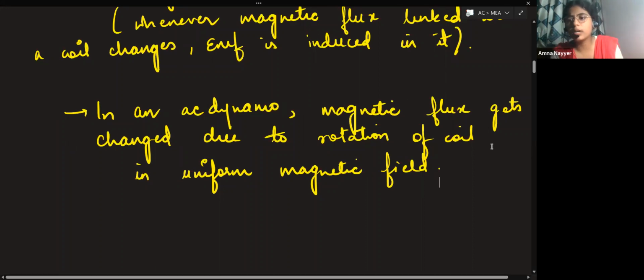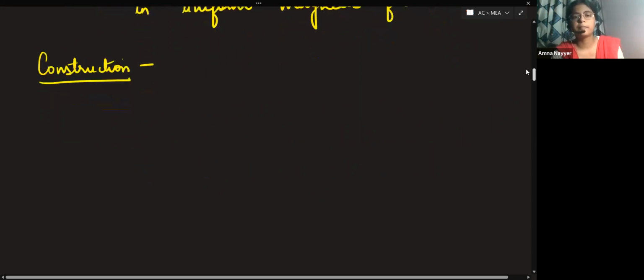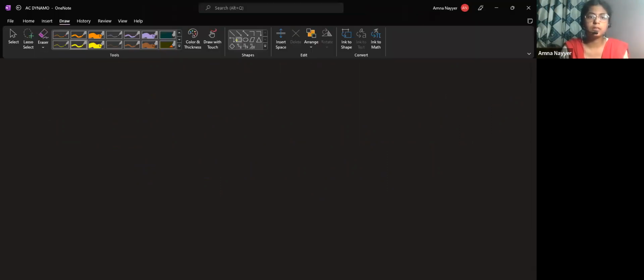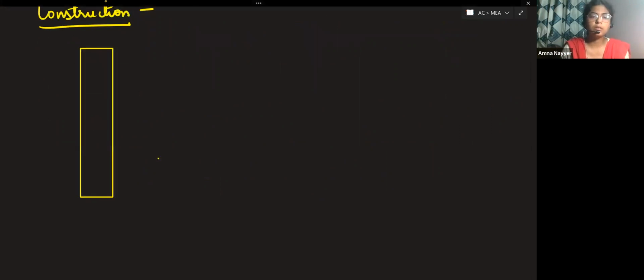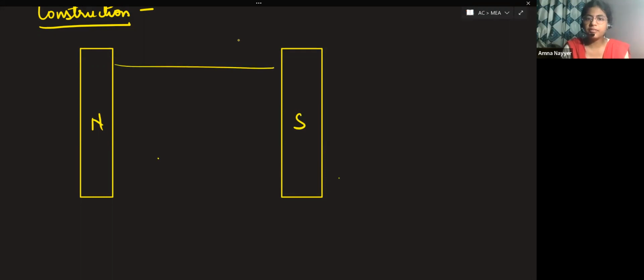Just see the construction, then you'll be able to get it. Two magnets are there, north pole and south pole, so magnetic field lines will be there.